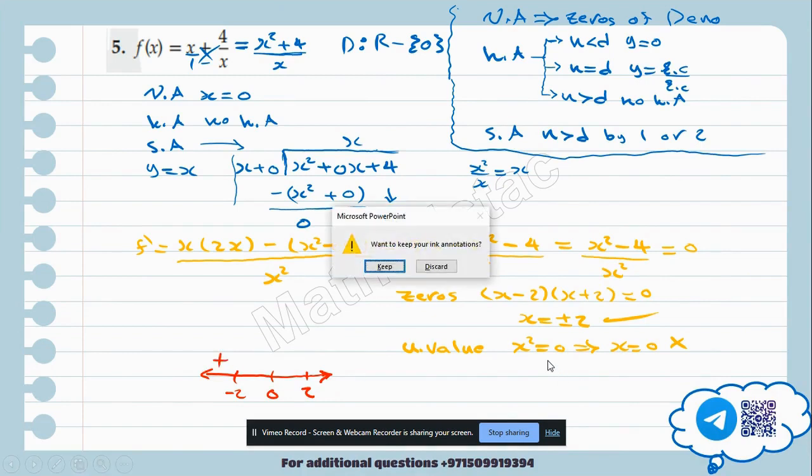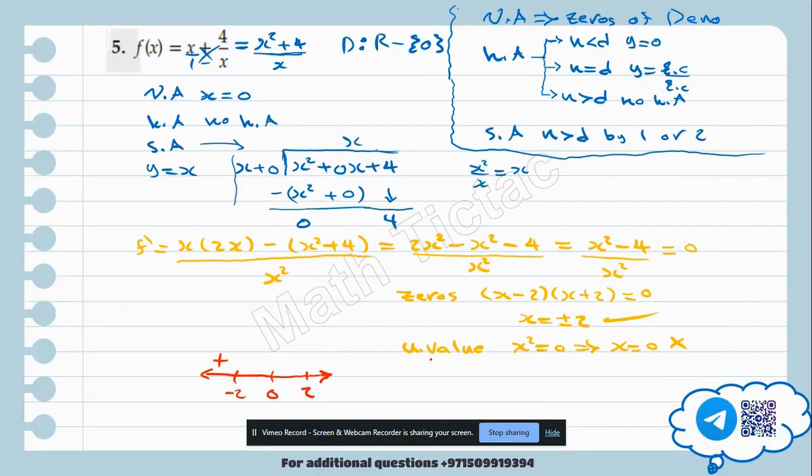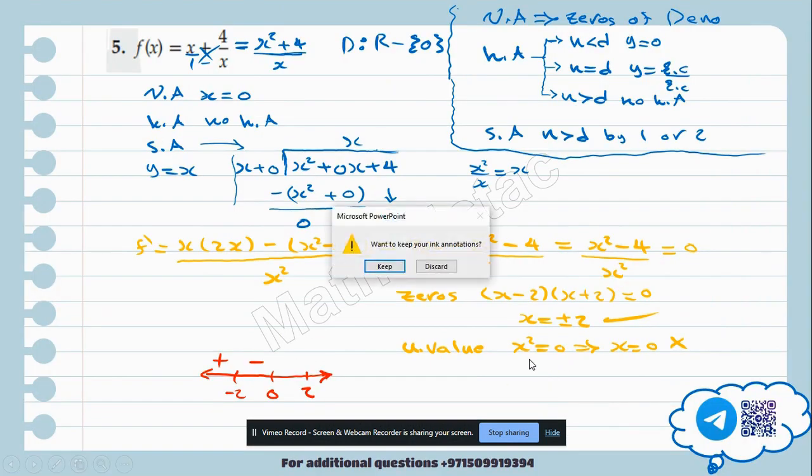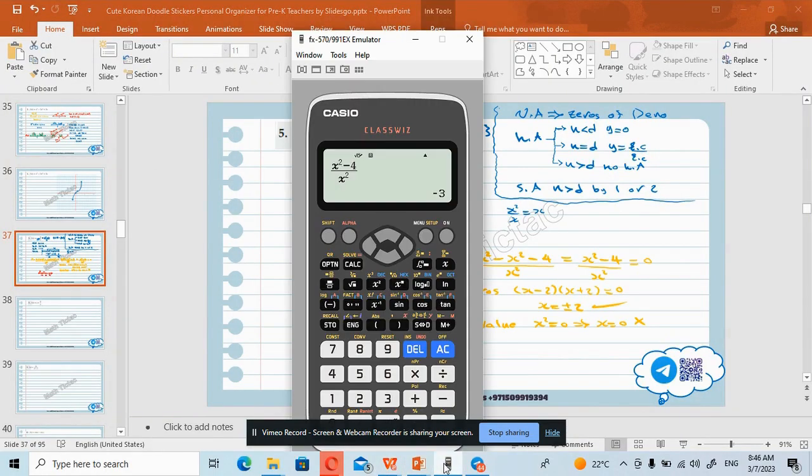Okay, let's see another one. Calculate at a value between -2 and 0. Let's see -1. So this is negative. Okay, so let's see a value between 0 and 2. So calculate at 1.